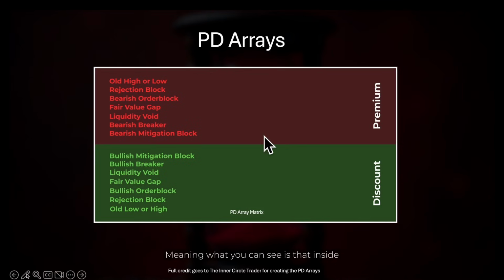Inside of any given dealing range, there's a premium side and a discount side. Below 50% is discount and above 50% is premium. Inside of both the premium and the discount, his price patterns are forming, whether it be, for example, the rejection block, the bearish order block, the fair value gap, the liquidity void, the bearish breaker or bearish mitigation block, and the same for the discount arrays, but in the opposing order.